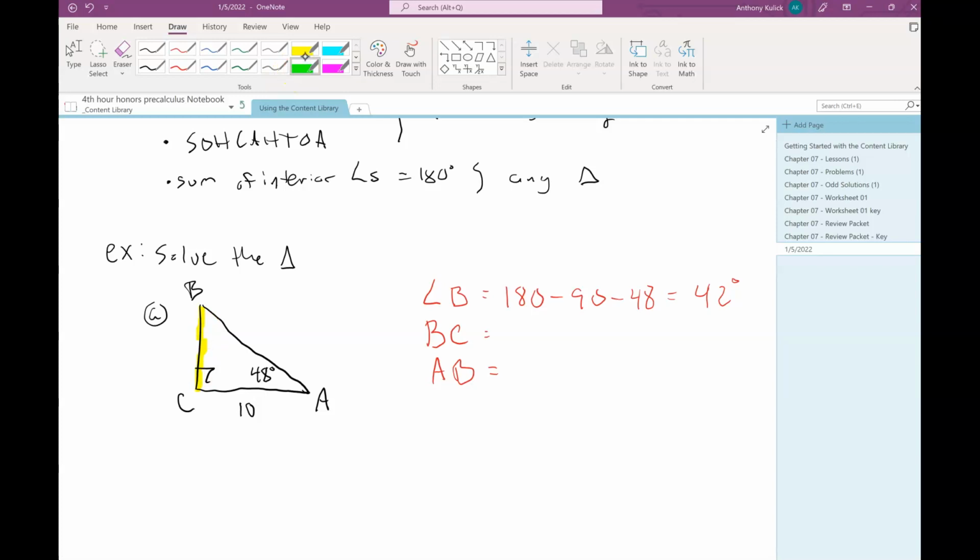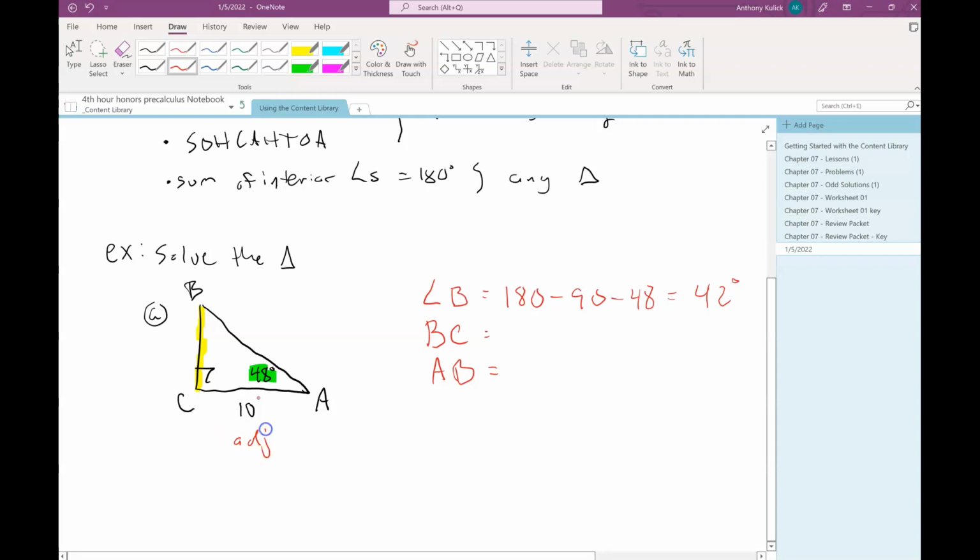Okay. So to figure out BC, we want to start by deciding which one of the angles we're going to use. You cannot use a right angle, but you could use 48 or 42. It doesn't matter which one, but you need to pick one and stick with it. Let's just say for the sake of argument, we pick 48. So relative to 48, the side AC that's length 10, the one that we know, is that opposite, adjacent, or hypotenuse?